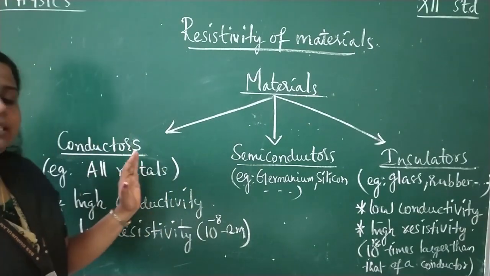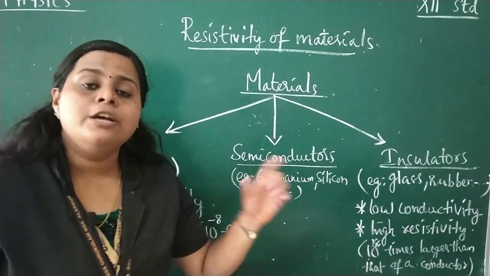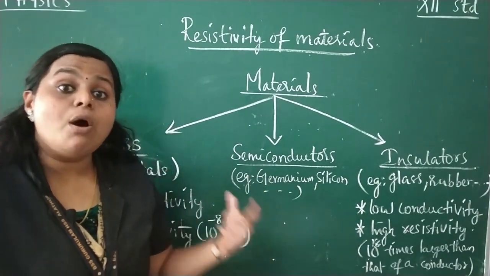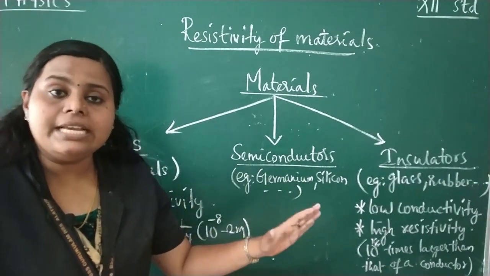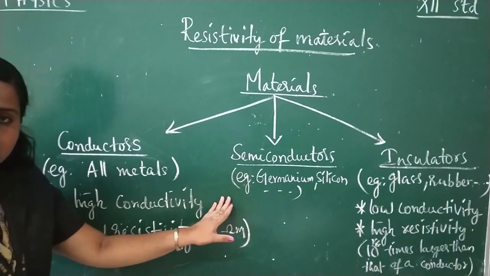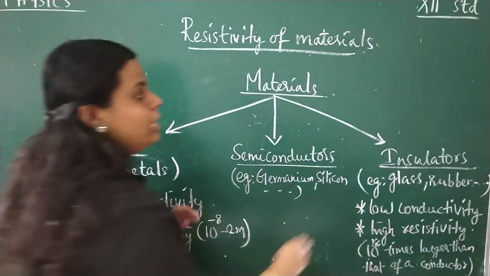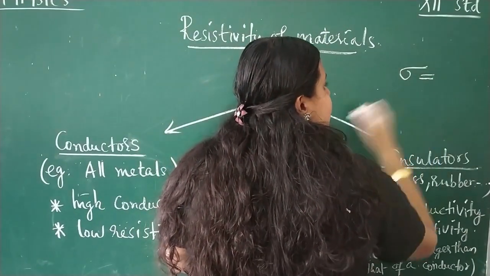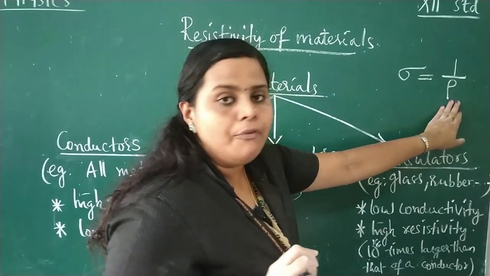So conductors are materials that conduct electricity. What about the conductivity of conductors? Conductors are materials with high conductivity. High conductivity means what about the resistivity? It is very low, because we know that conductivity is related to resistivity in this manner. It is the reciprocal of resistivity.